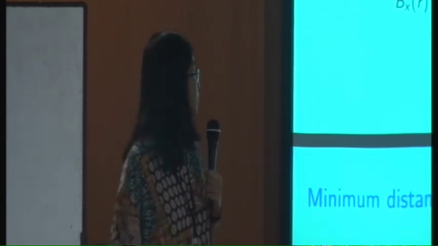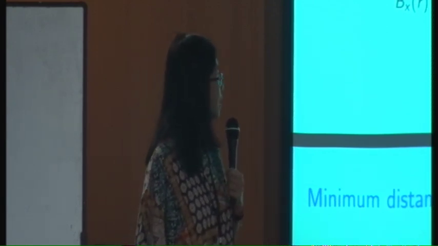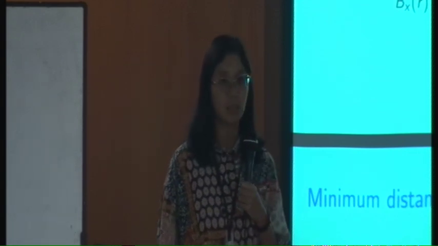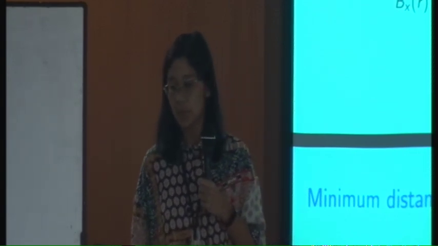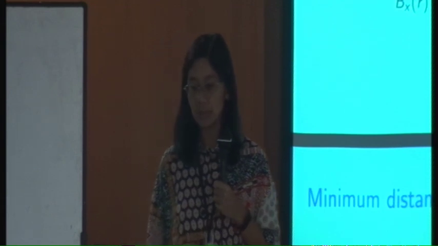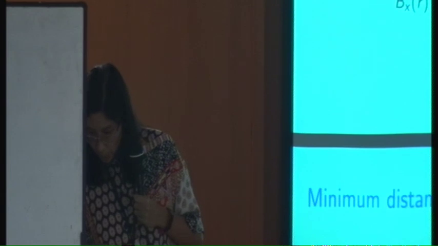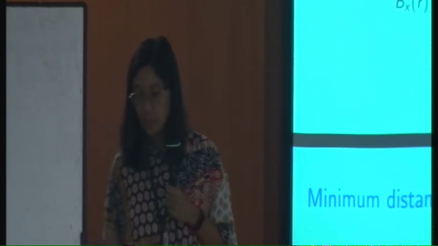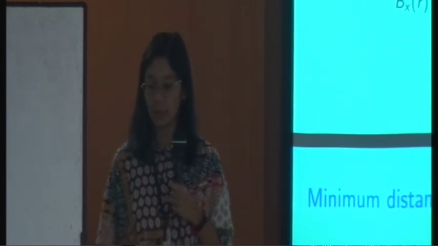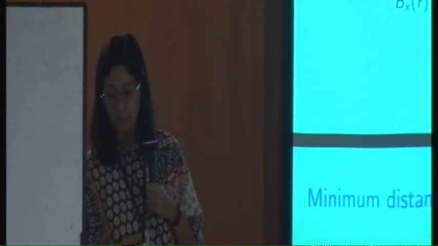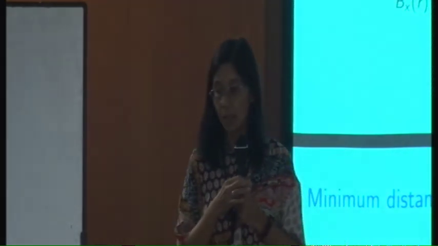We can also define the sphere of radius r about x as the set of all y where the distance from x to y is smaller or equal to r.